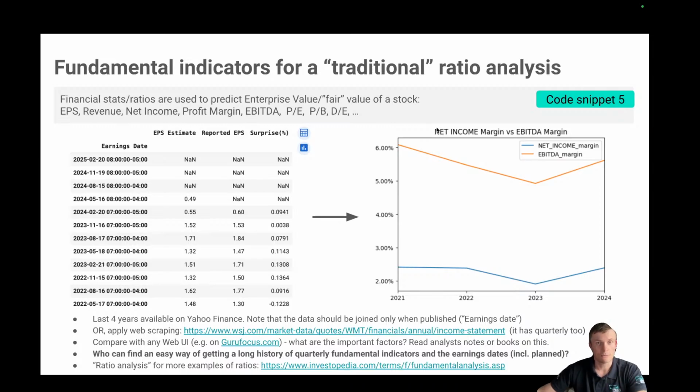If you still want to have any data from the fundamental indicators, I would say you go and get the data on earnings dates and EPS estimates, and add some additional indicators that you get from the yearly or quarterly data on revenue, net income, profit margin, earnings before interest, depreciation, amortization, P divided by E, and other ratios.